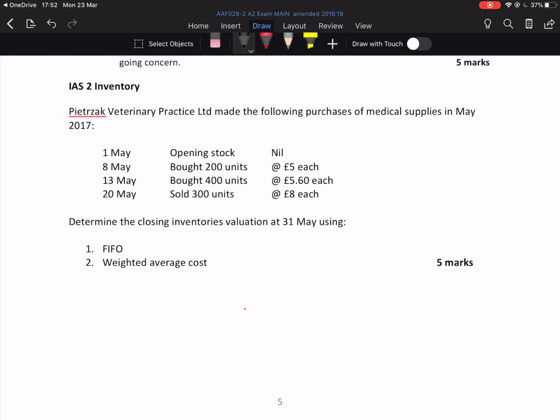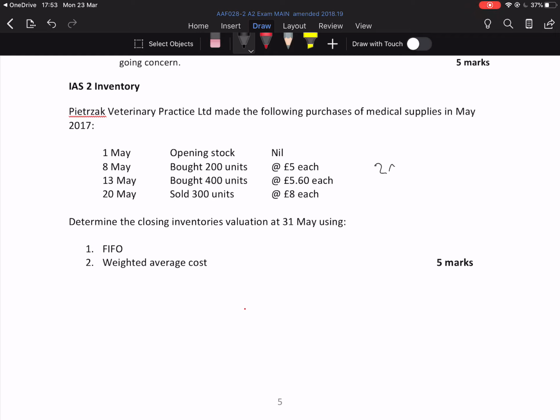So just to explain, it said that Petrizac, a veterinary practice, has made the following purchase of medical supplies in May 2017. It says that the opening stock of May, so there was no stock on the 1st of May, but on the 8th of May they've bought 200 units at £5 each. So it's really important to do the table.